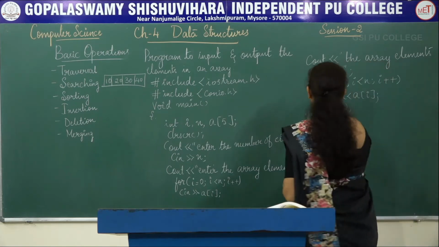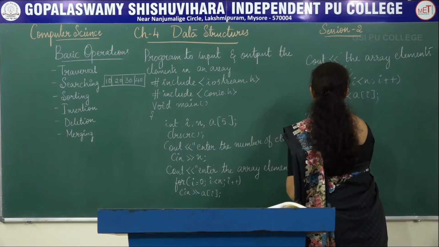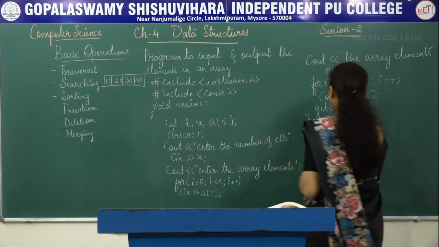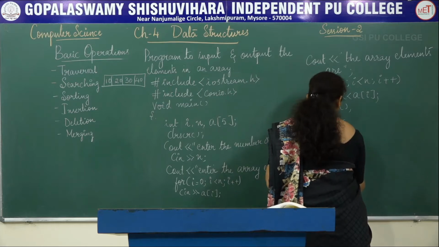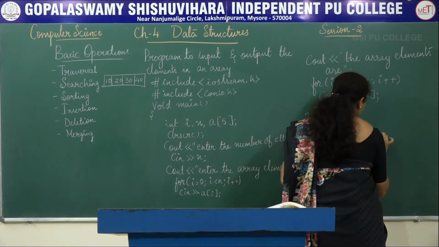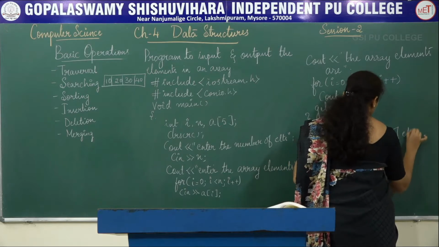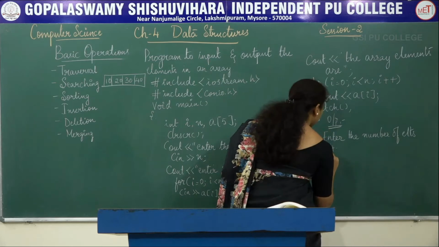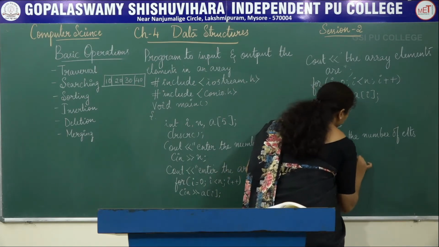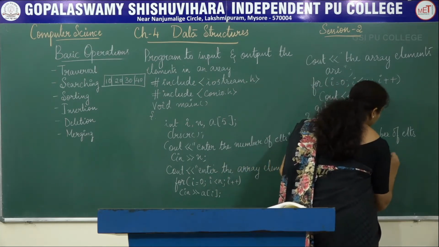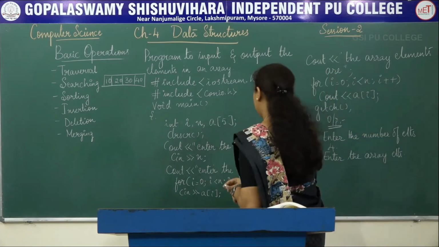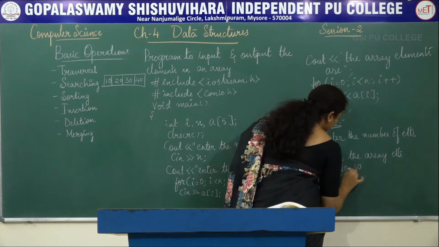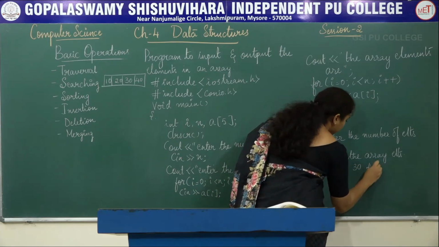So, what is the output of this program? First, it will ask the user to enter the number of elements, that is 4. Then next, enter the array elements: 10, 20, 30 and 40.